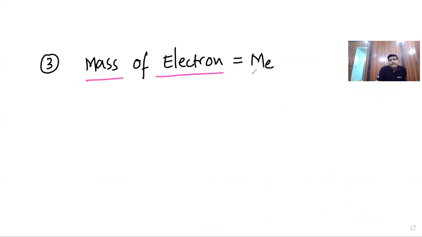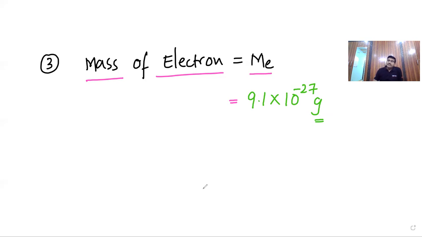That quantity is equal to 9.1 into 10 to the power of minus 27 grams. G stands for grams. 9.1 into 10 to the power of minus 27 grams. Clear? That is the mass of electron.